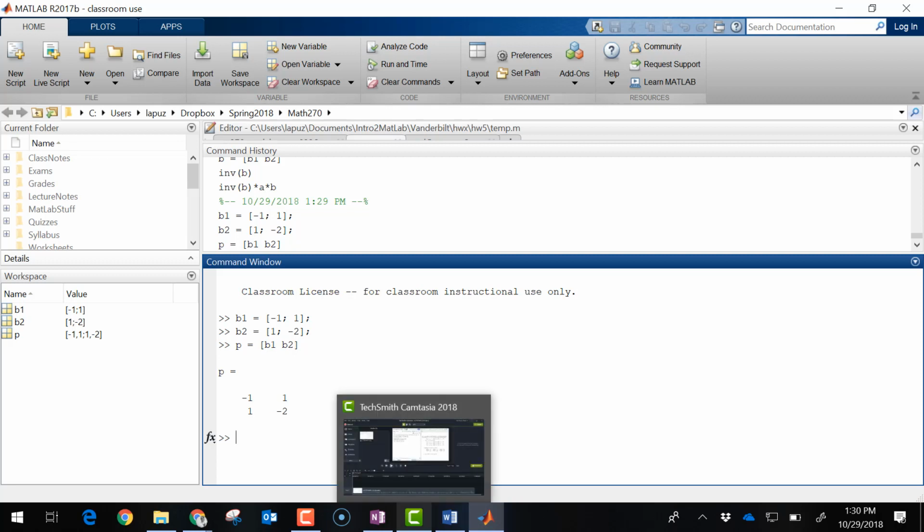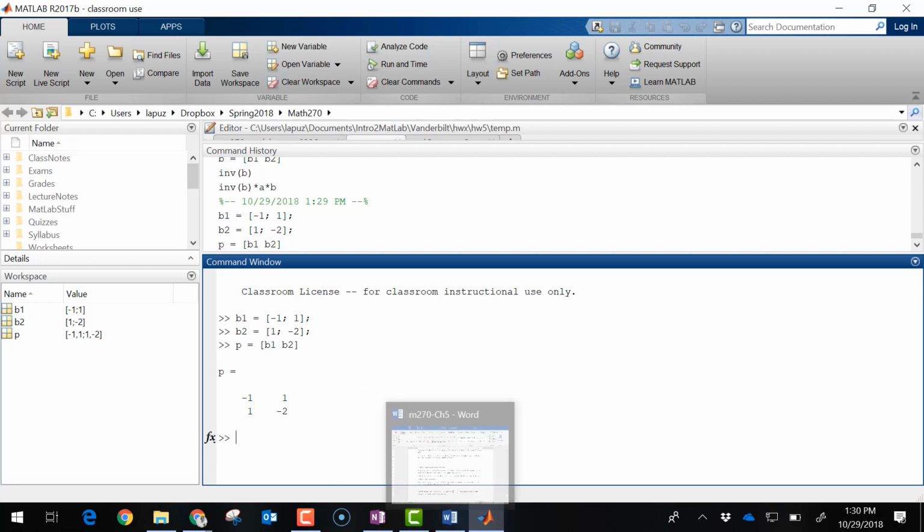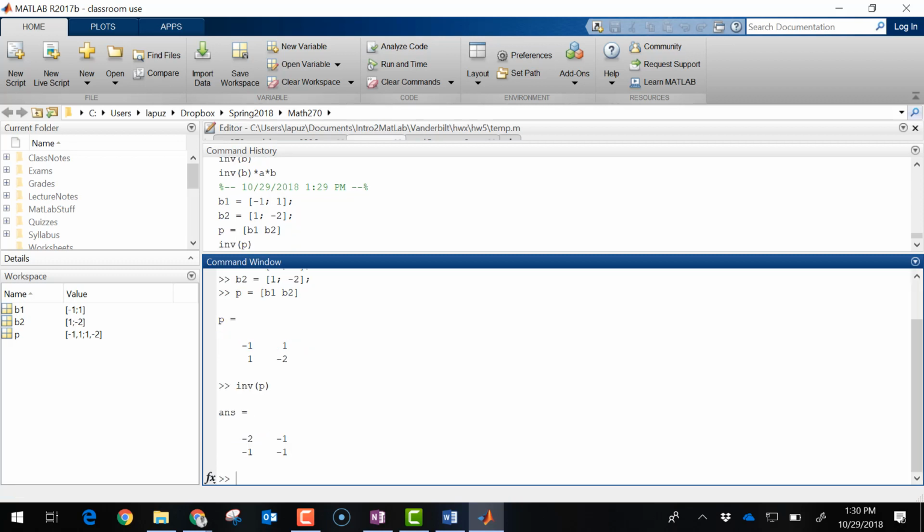The P inverse still comes out with nice numbers. I mean, you can find the inverse of this real quick, right? 1 over the determinant, and then you switch the diagonals and negative the wings.